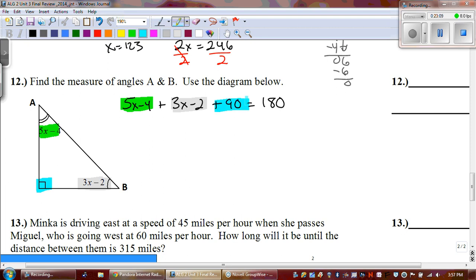Okay, so now that we've done that, we need to start combining our like terms. 5x and 3x is 8x. And then you have negative 4 minus 2, which is negative 6. And negative 6 plus 90 is 84.